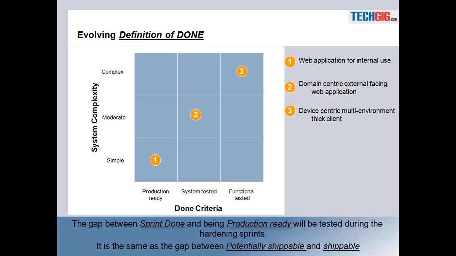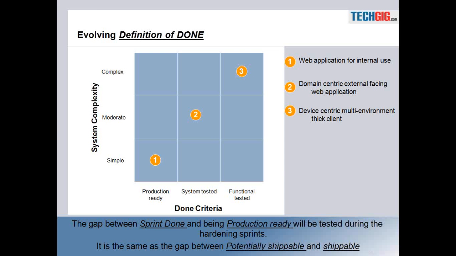So having a clear understanding of definition of done helps us clearly know what my sprint output is likely to be. And then you can use that as a basis for planning your release level test and also setting the management expectation accordingly. Stated in other words, this difference between sprint done and being production ready is what is tested in the hardening sprints.